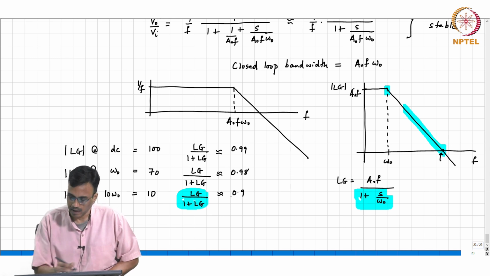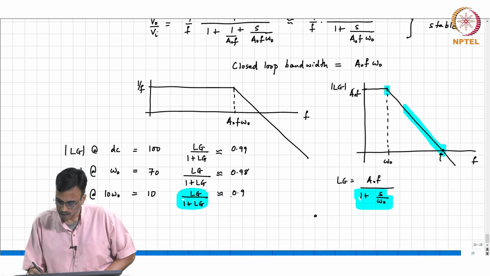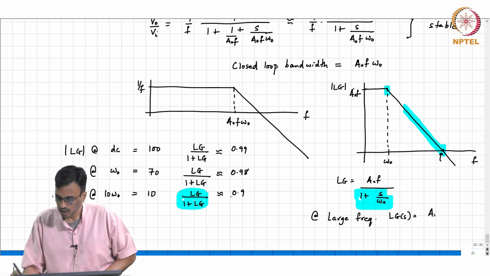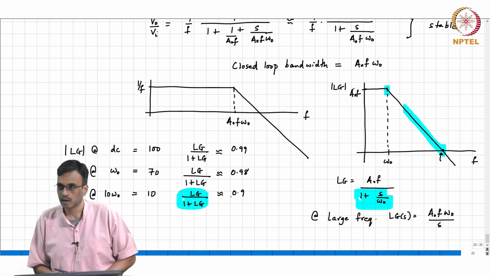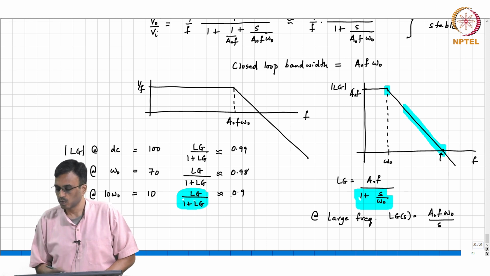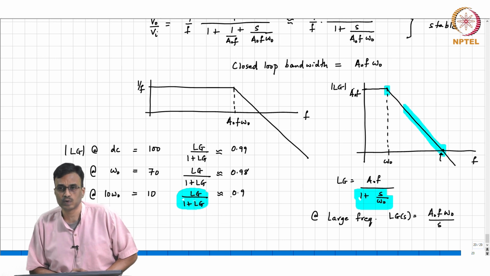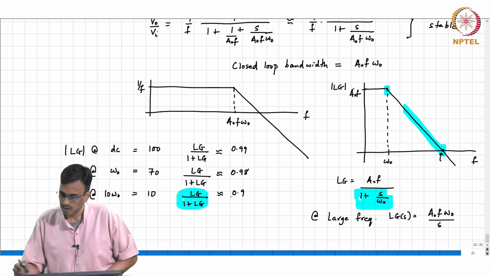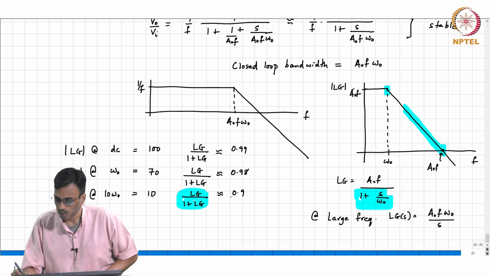So at large frequency, the loop gain of S is nothing but A naught F omega naught over S, correct? Now take a look at it and tell me what the unity gain frequency of the loop gain is.